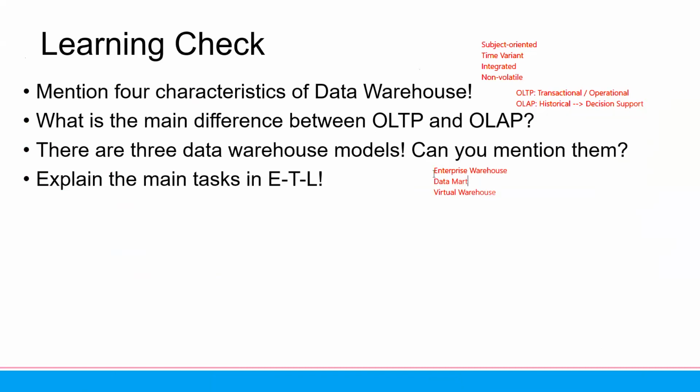The enterprise warehouse means the entire organization or the entire company. The data mart is a subset of this organization. And the virtual warehouse is a set of views from the operational database. Okay, so that's the summary.